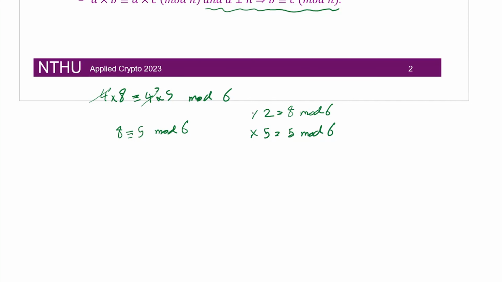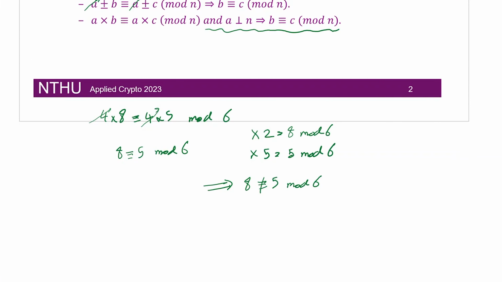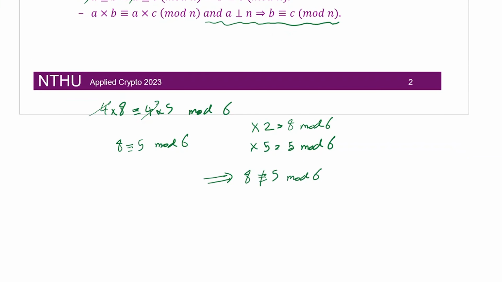And these two values are not equal to each other. This implies that 8 cannot be congruent to 5 mod 6. So this is an example to show you that it is not always the case that these two values become congruent to one another.